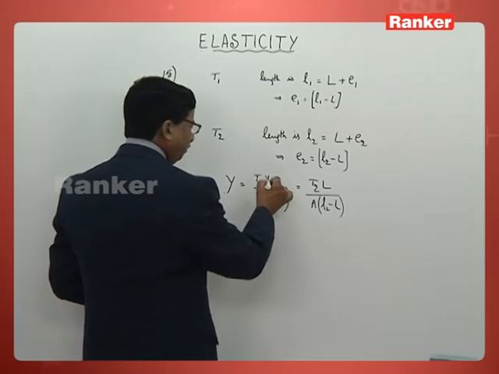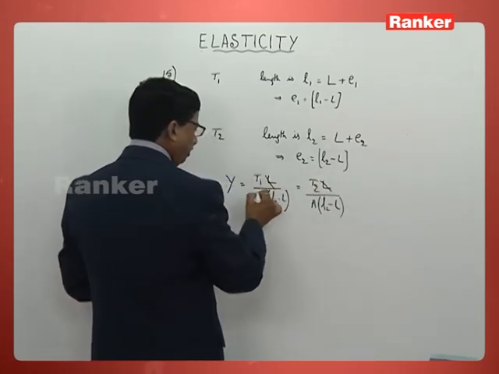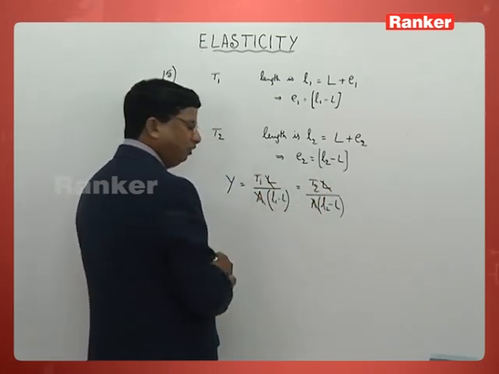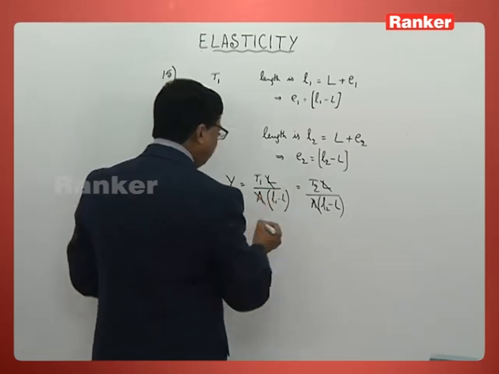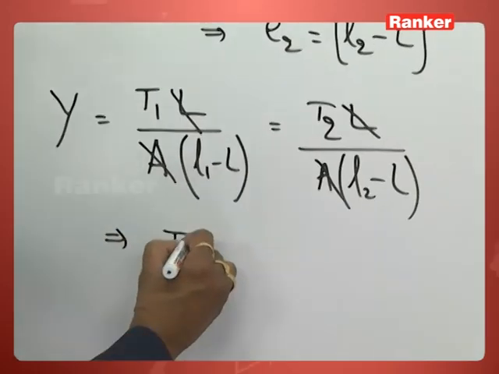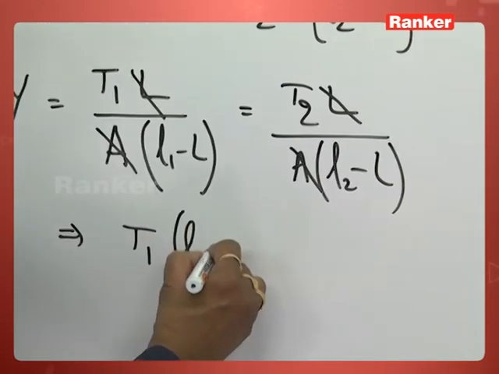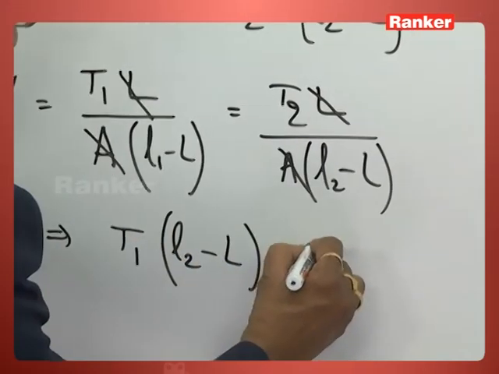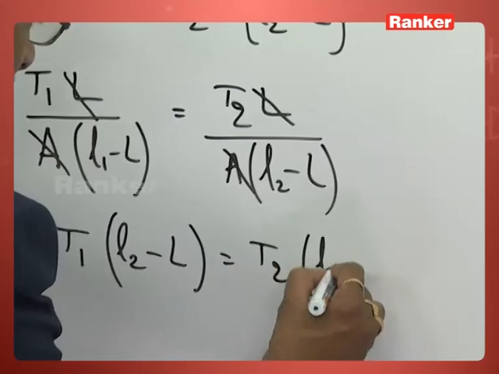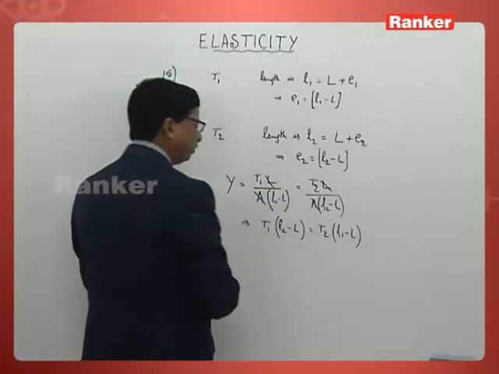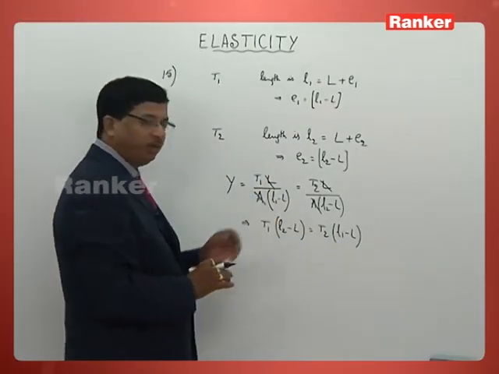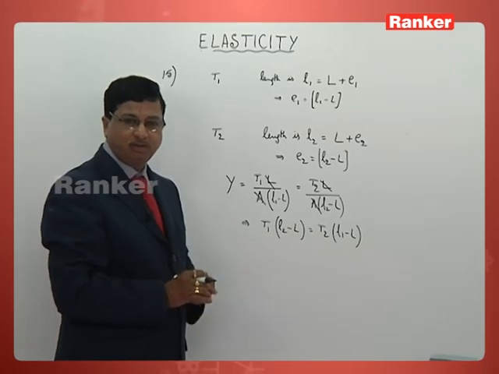Now just look carefully: the original length is the same, and the area of cross section initial value is the same. Then why can't we just cross multiply to write T1 into L2 minus L is equal to T2 into L1 minus L? I just want the value of L out of that. What are you going to get?